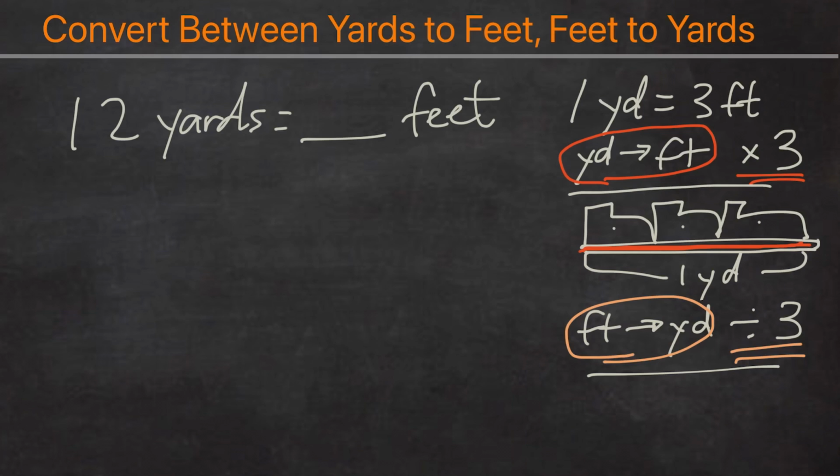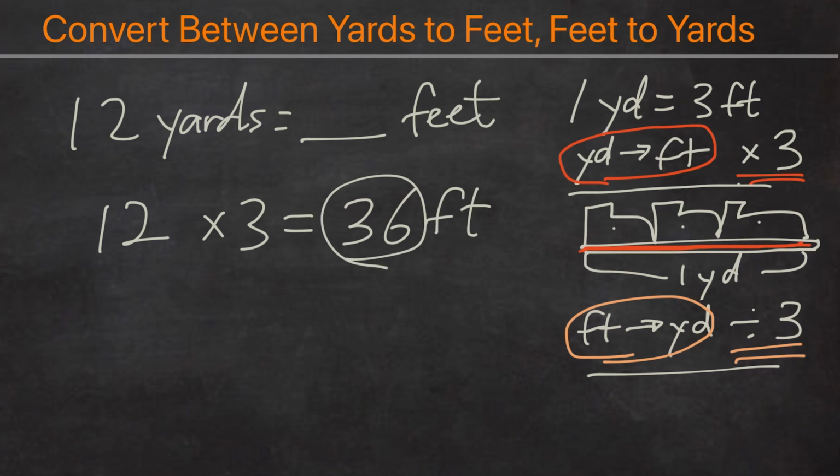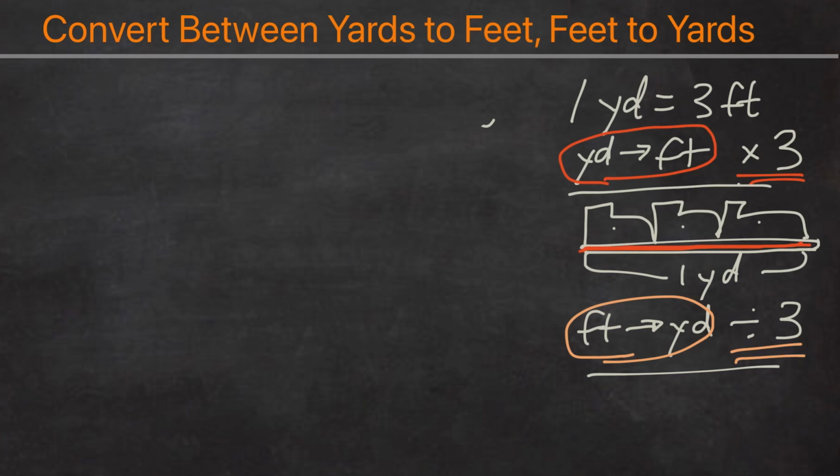And so 12 will be multiplied by 3 equals 36 feet. Before we get to the last example, later on I'm going to erase the guides that I have here before you take the quiz, and let's see if you can get it correctly.